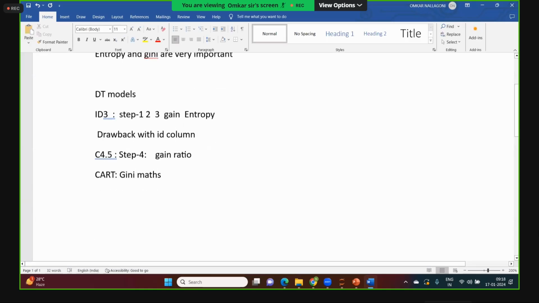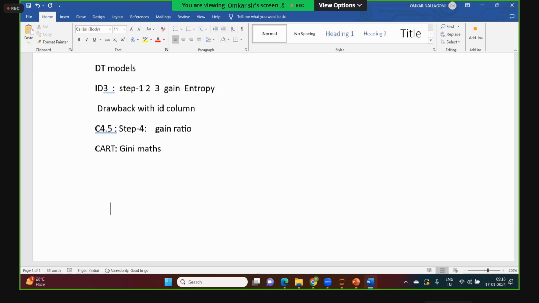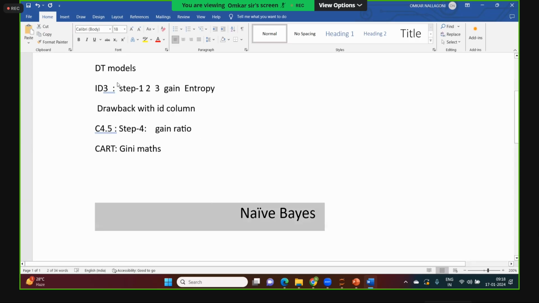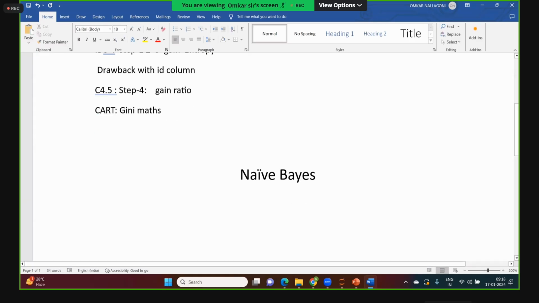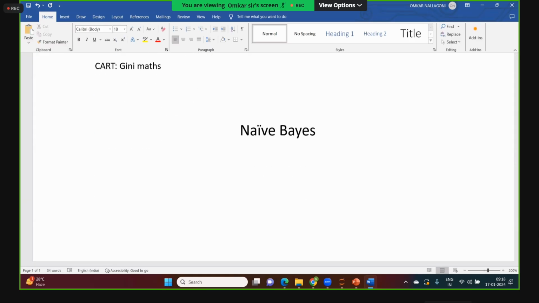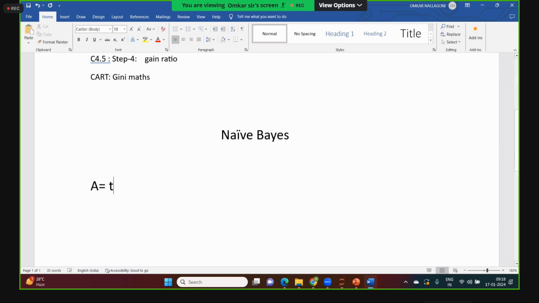Now we will learn a little bit about another algorithm called Naive Bayes. Before that, we'll learn: suppose A is equal to some event. Toss a coin is an event.